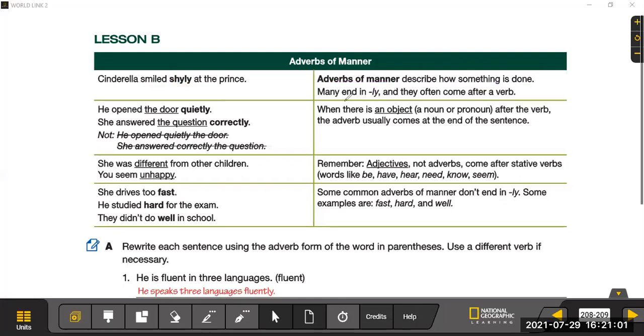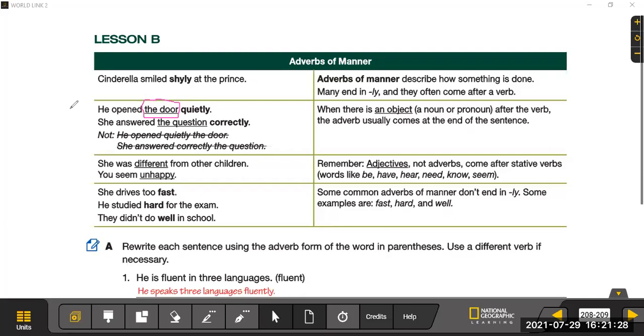Okay, the second rule says when there is an object, noun or pronoun after the verb, the adverb usually comes at the end of the sentence. So remember, when we say an object, we are talking about the thing that is receiving the action, right?